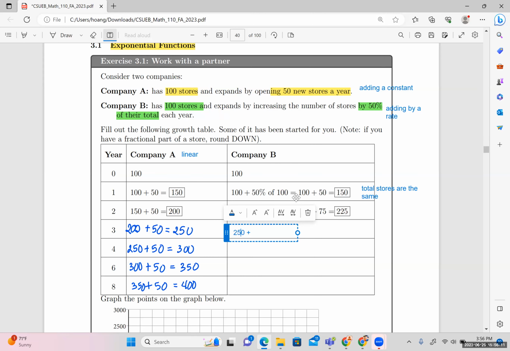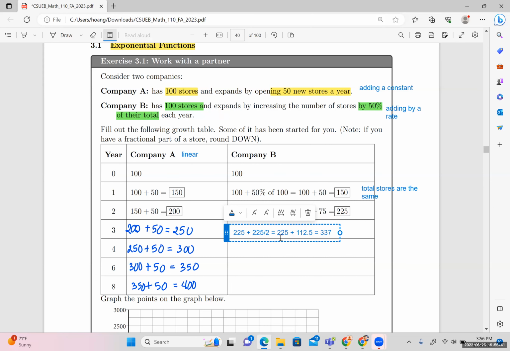Oh, sorry, 225, right? 225, adding 50% of 225, which is just 225 divided by 2. So what is that going to be? Use the calculator, you will have 225 plus 112.5, and that will be equal to 337.5.